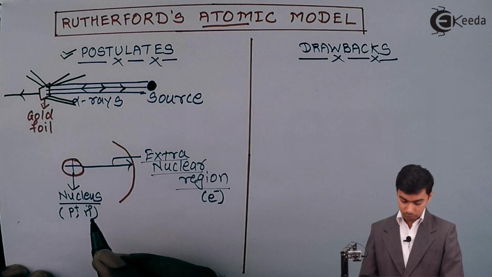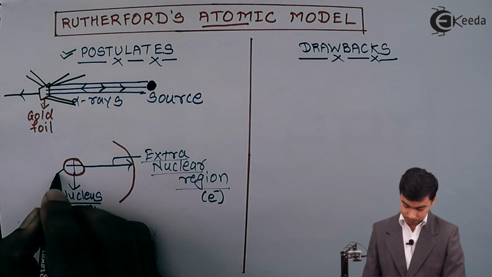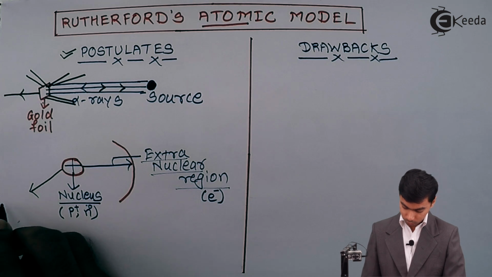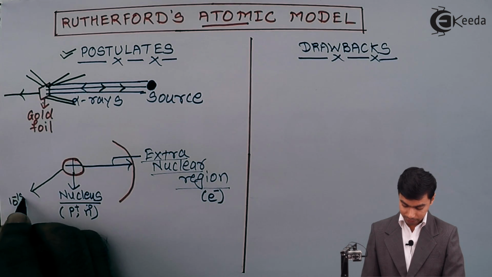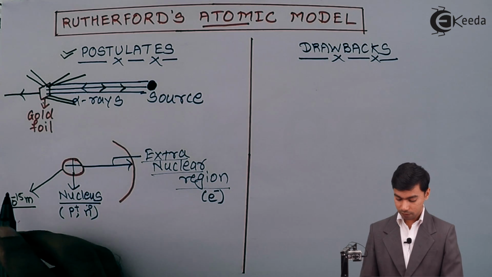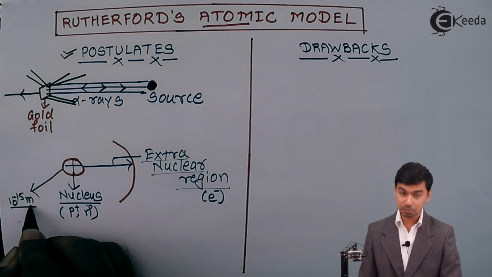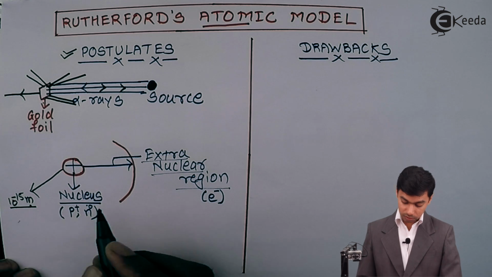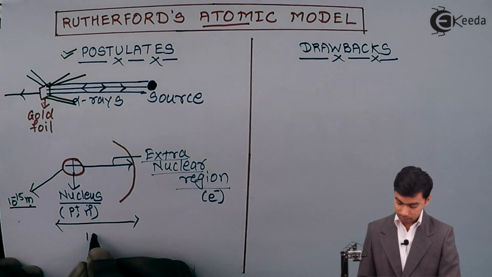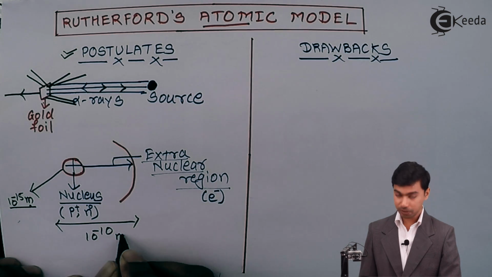He also assumed that the nucleus has a diameter of only 10 raised to minus 15 meter, whereas the entire atom has a size of 10 raised to minus 10 meter.